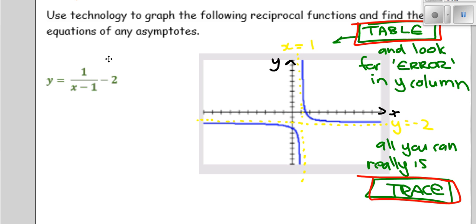It could be x, it could be x minus 1, it could be x squared as well. So generally, the numerator is a constant and the denominator is a polynomial.